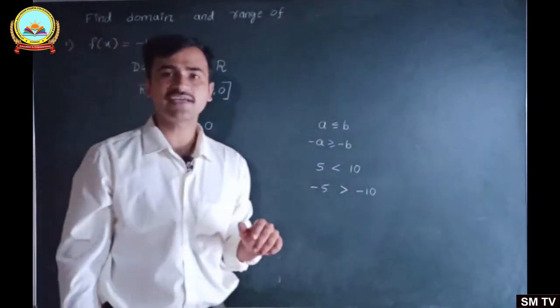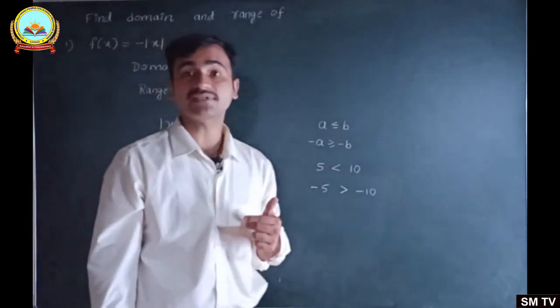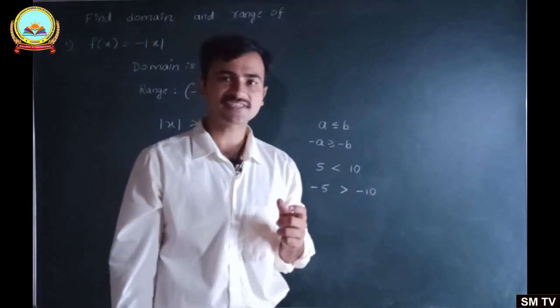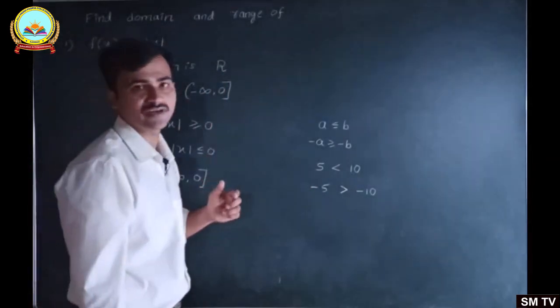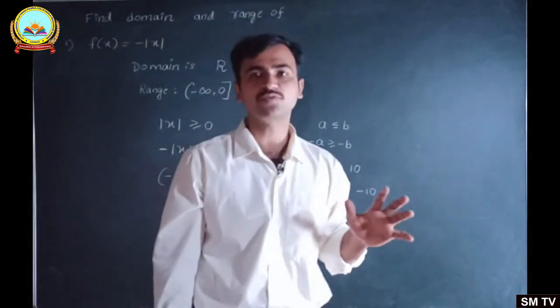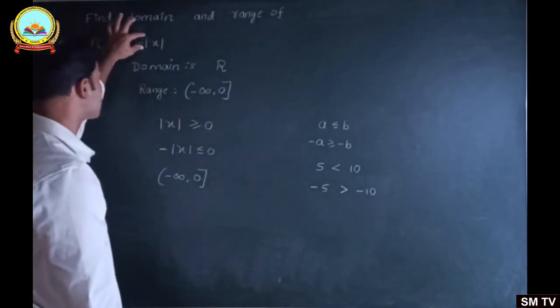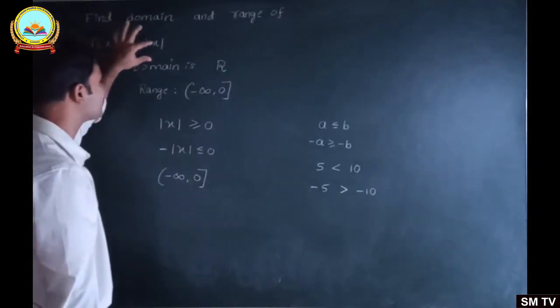This is minus infinity to 0. Therefore, domain is R, range is minus infinity to 0, closed interval 0, or you can say set of non-positive real numbers. So far we have discussed non-negative real numbers, but it is non-positive real numbers.